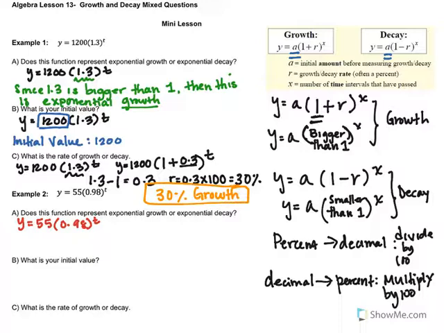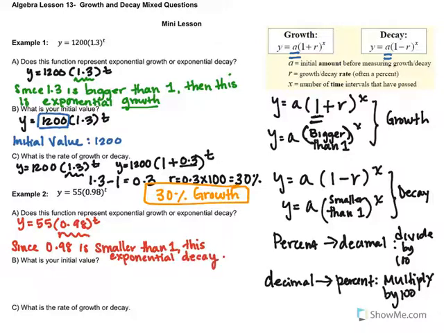If I look at my notes here on the side, I see that if inside of my parentheses I have something that is smaller than 1, then that means that I have an exponential decay. So since 0.98 is smaller than 1, this is exponential decay.